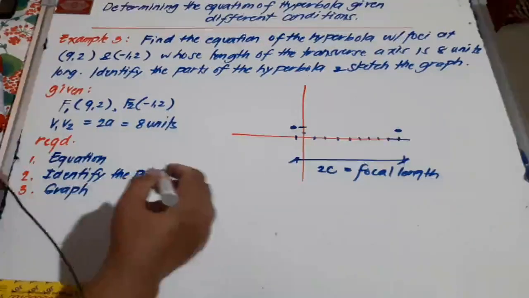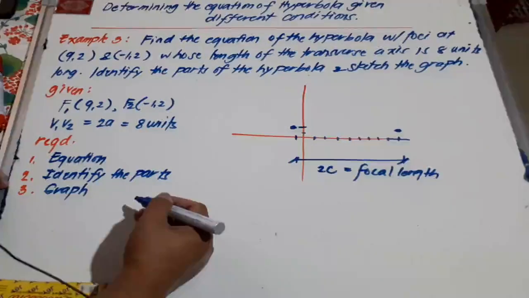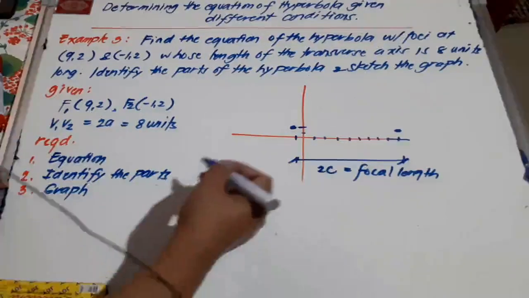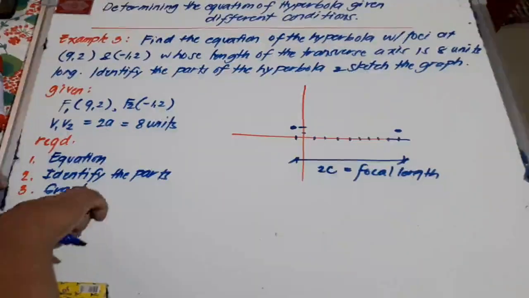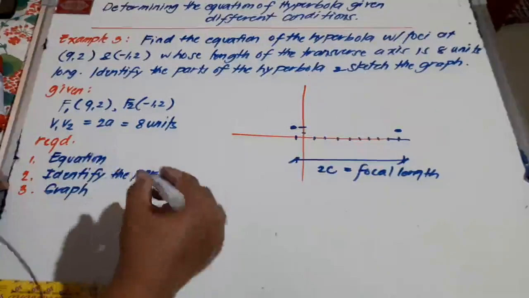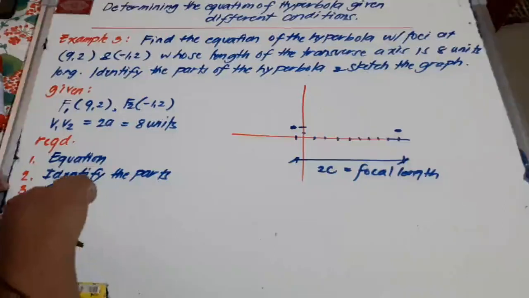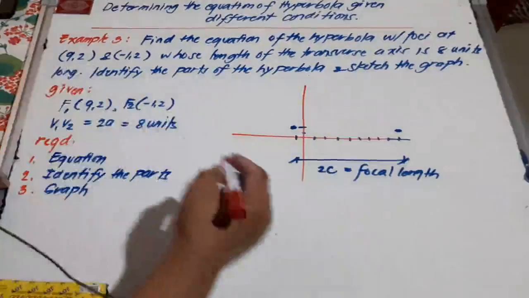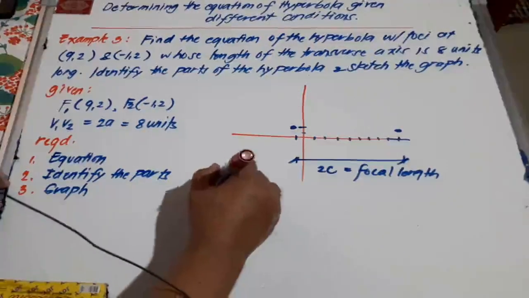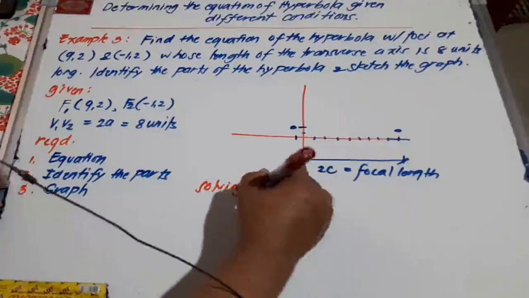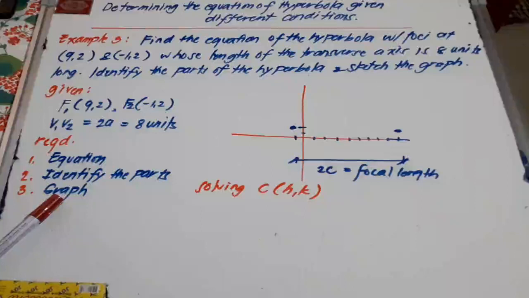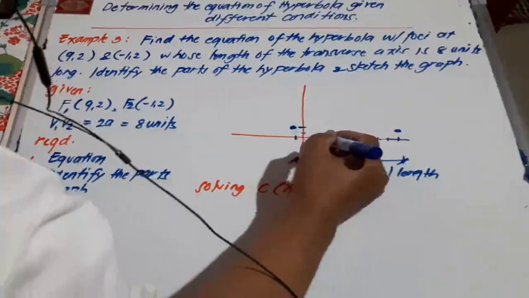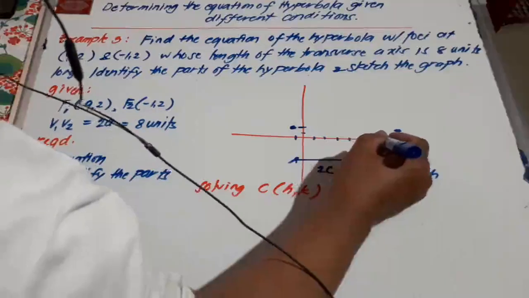So, the center is in the middle. Where is the middle? By counting, we can get the location of the center. Solving for the location of the center, (h, k). How? By counting only, we can see it. So, we have 1, 2, 3, 4, 5, 6, 7, 8, 9, 10.